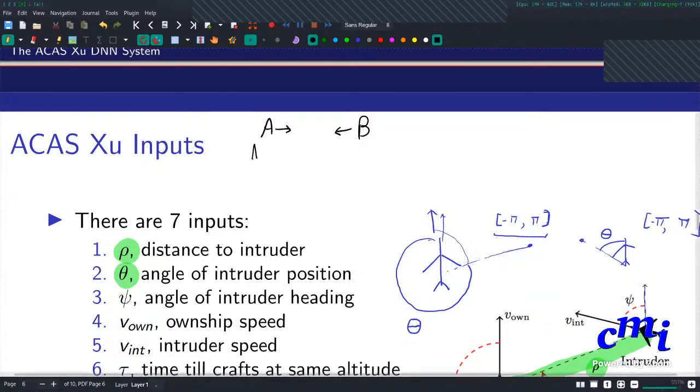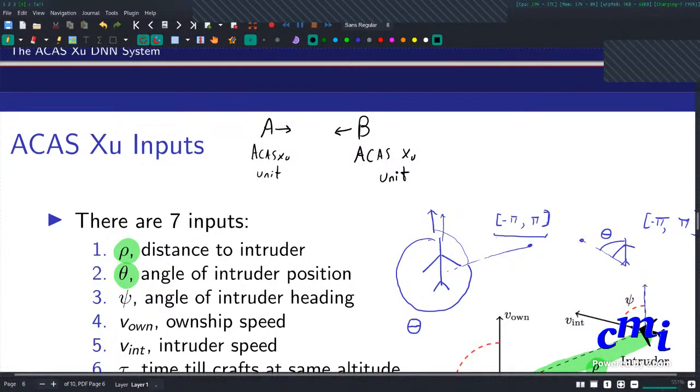So A has an ACAS-XU unit on it, and B also has an ACAS-XU unit on it, right?